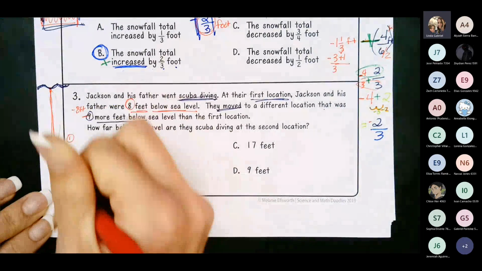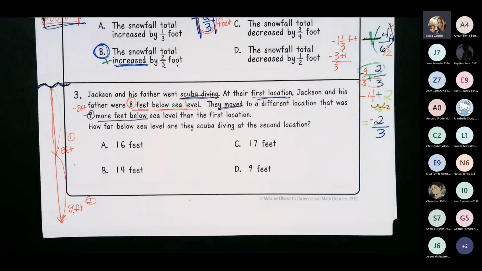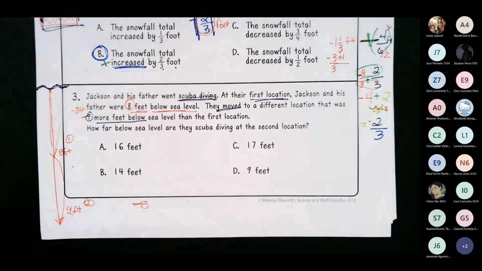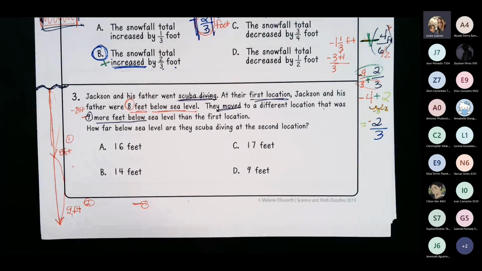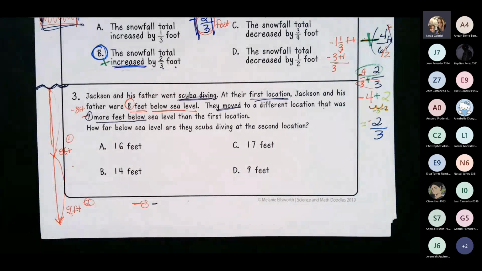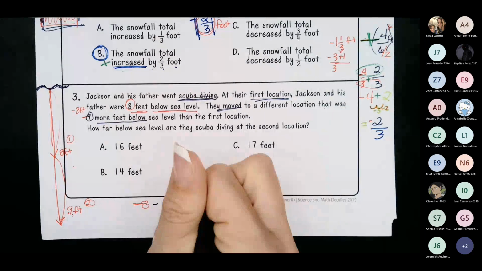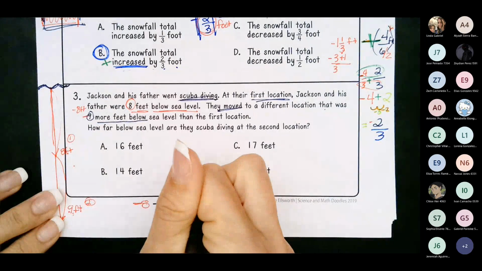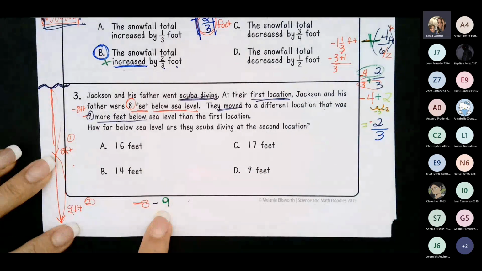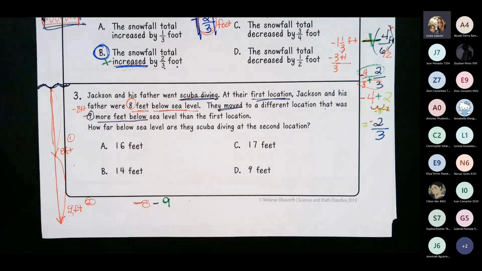I went from -8 level, and I subtracted 9 more feet, right? So that's going to look like -8 minus 9, because we need to move to the left. We need to become more negative.